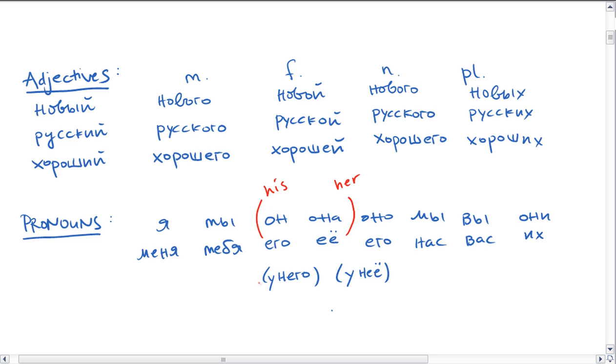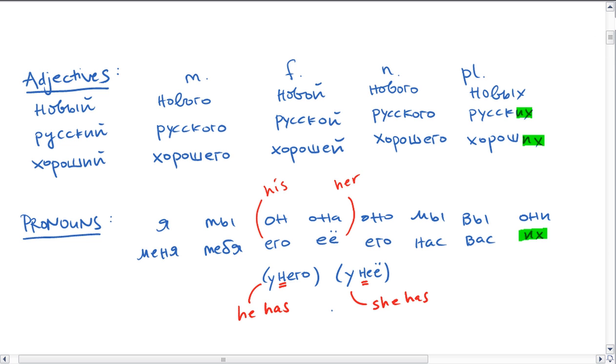If you're talking about possession, which is a common use of the genitive case, this is he has, and we now have this n. U nego, u neyo, and this would be she has. So those are the only things to remember, the only little tricks. And then again, ikh, our they, is going to coincide with our endings of russkikh and khoroshikh. So if you remember one, you remember the other.